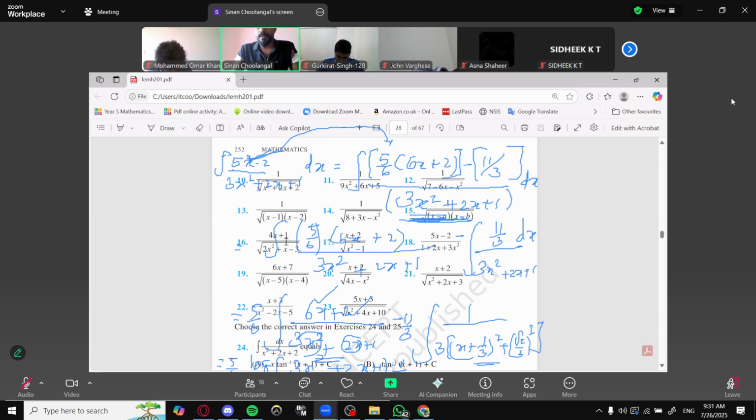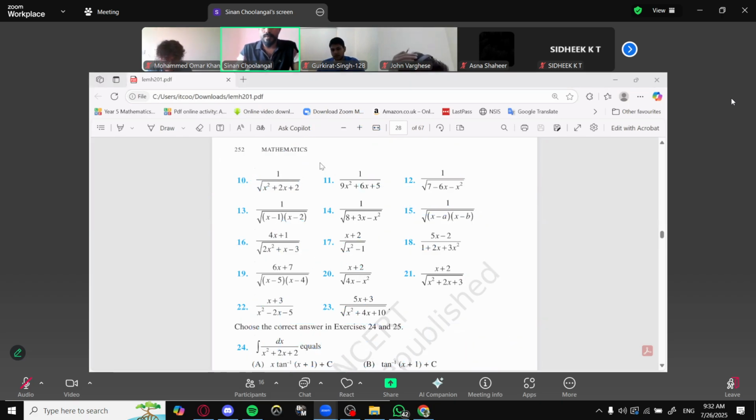Which formula will we apply? 1 by x square plus a square integrates to 1 by a tan inverse of x by a. The x value will be x plus 1 by 3, the a value will be root 2 by 3. So your answer will be 5 by 6 times log of the denominator, 3x square plus 2x plus 1, and negative 11 by 3.